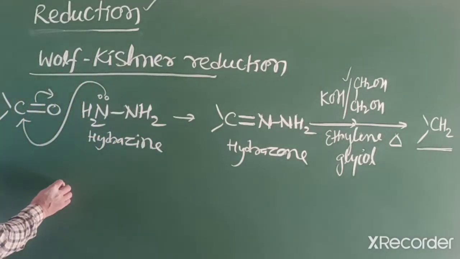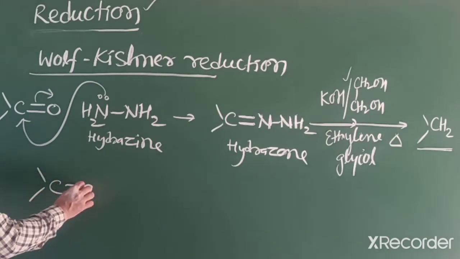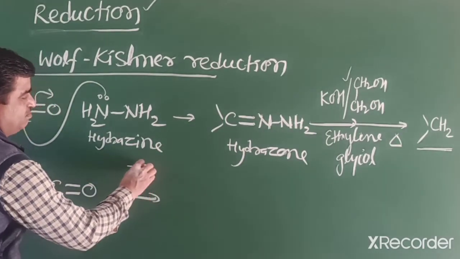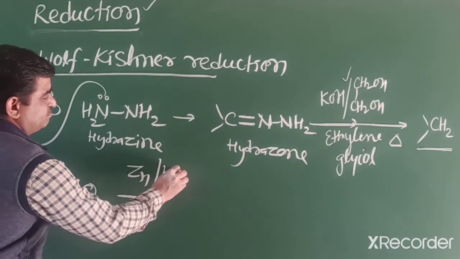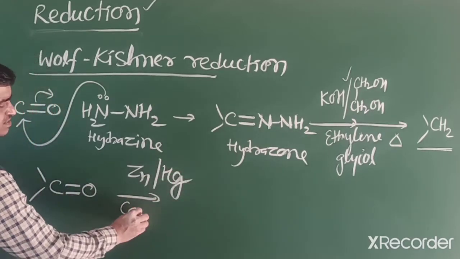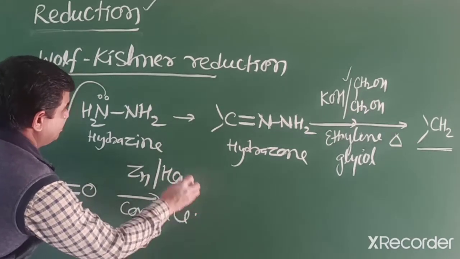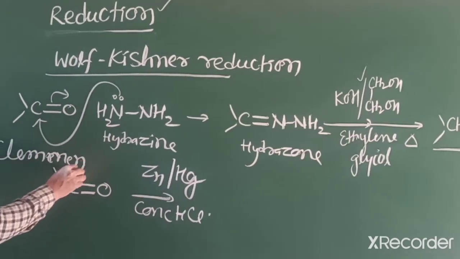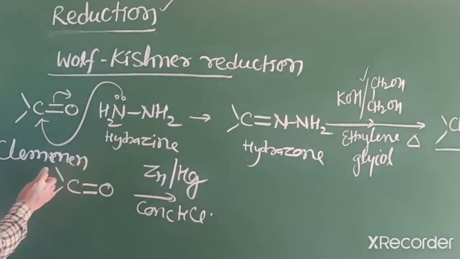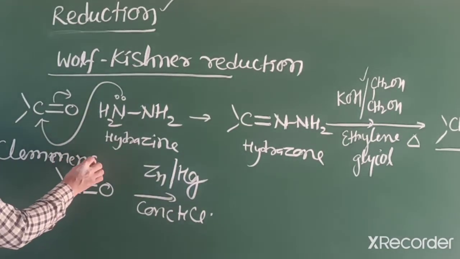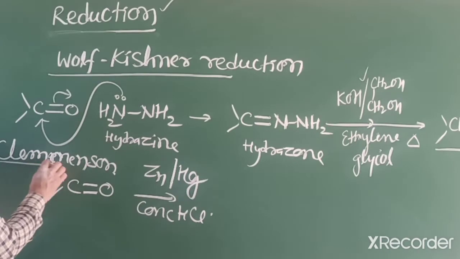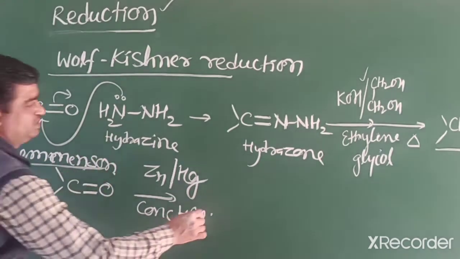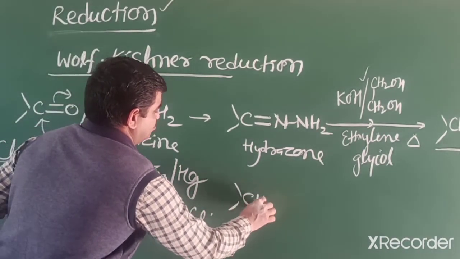In Clemmensen, the carbonyl reacts with zinc amalgam and concentrated HCl. This reaction is Clemmensen reduction. In Clemmensen reduction, carbonyl changes into CH2.